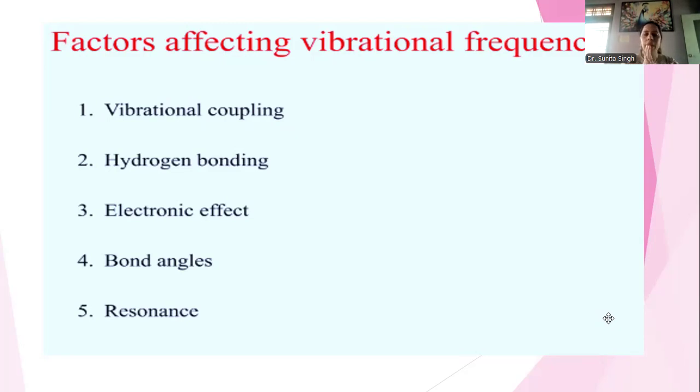Vibrational coupling, hydrogen bonding, electronic effect, bond angles, and resonance are the major factors which affect the vibration frequency, because it is all about how these vibration frequencies are going to work, whether these factors affect them or the vibration frequency remains the same.